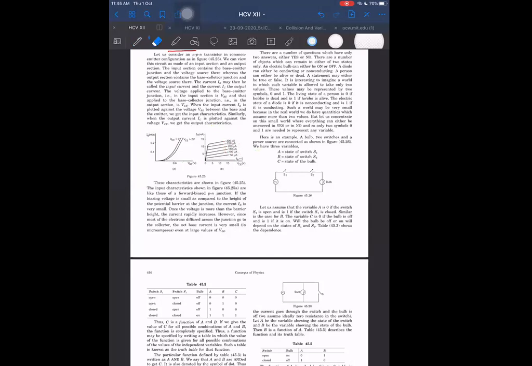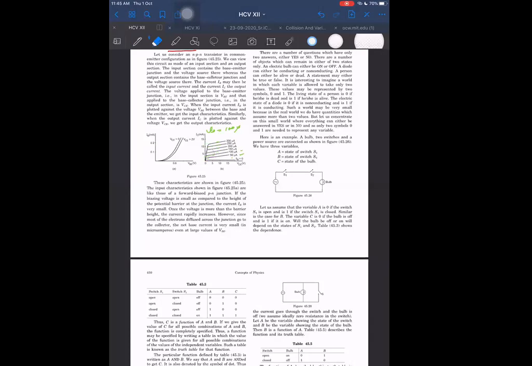As the current changes for the base, correspondingly IC will change, and we know that already. If IB is 50 microampere and beta is 100, then IC will become 5 milliampere.